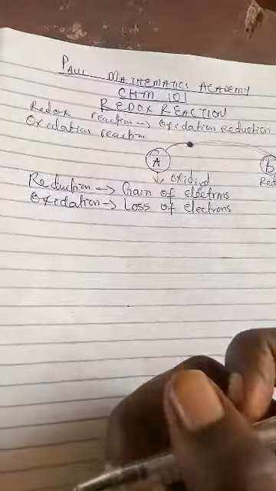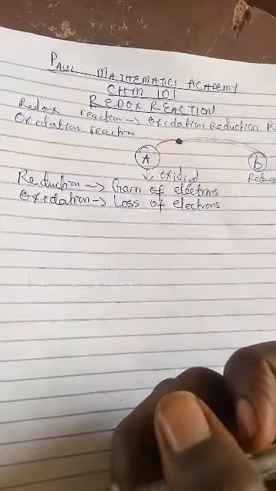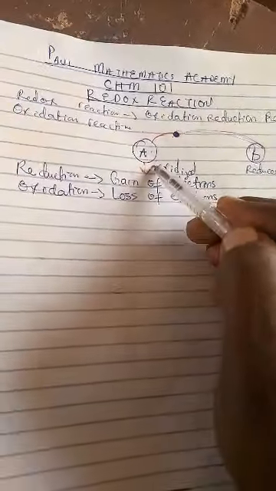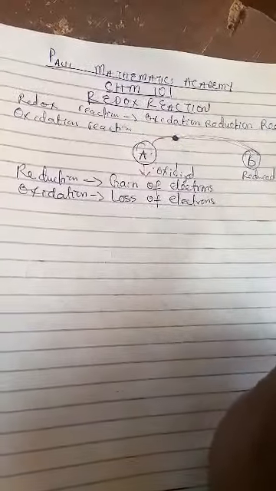So reduction is the gain of electron, while oxidation is the loss of electron. So in this reaction here, A is being oxidized, while B is being reduced.